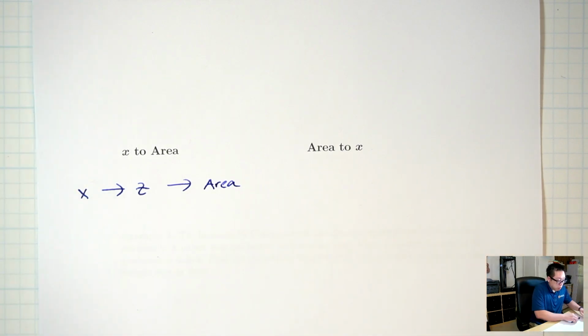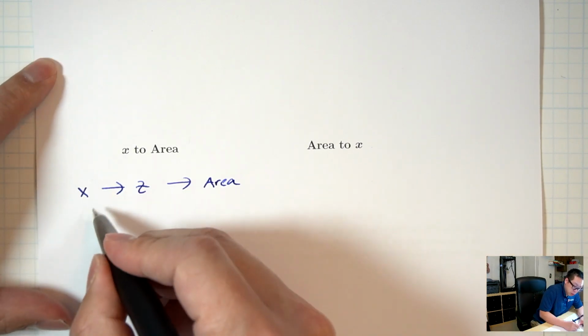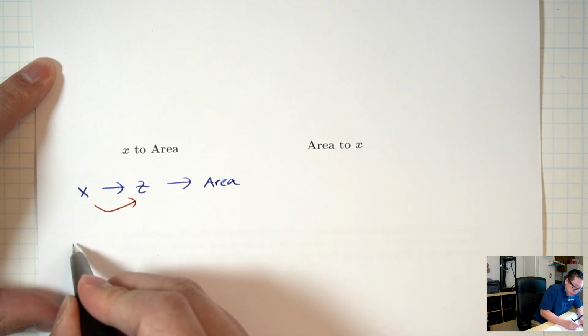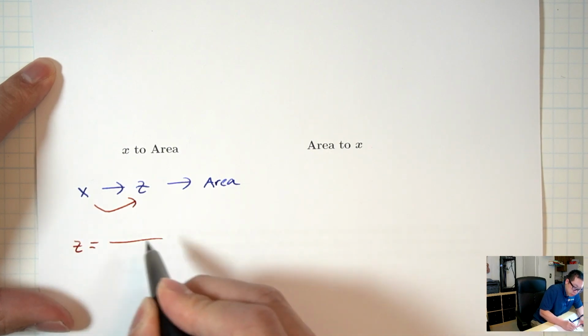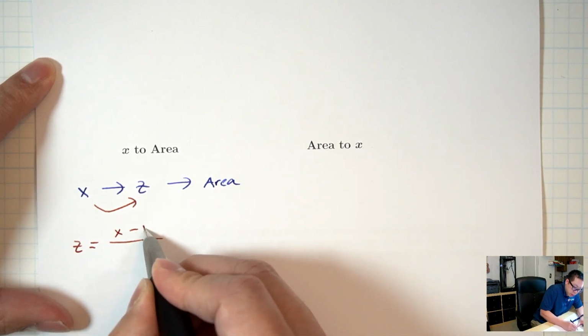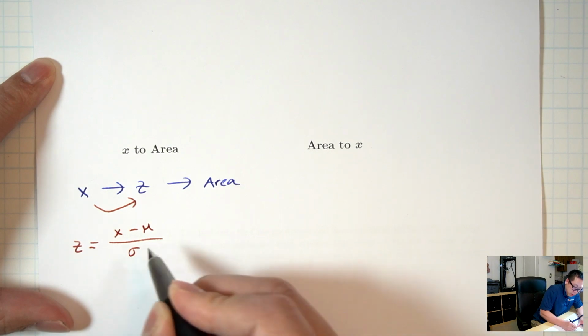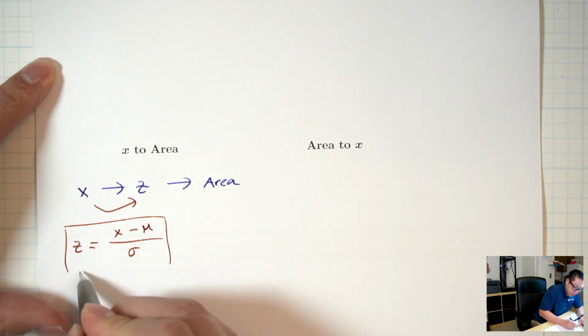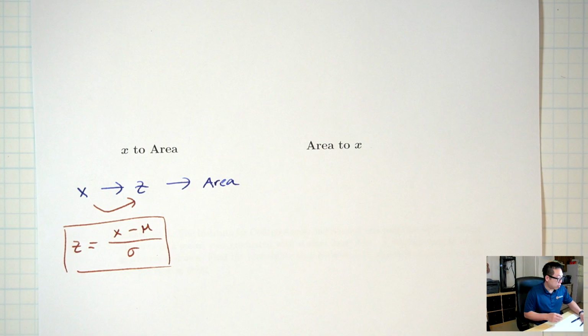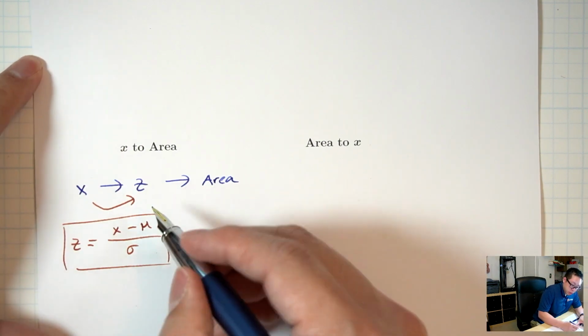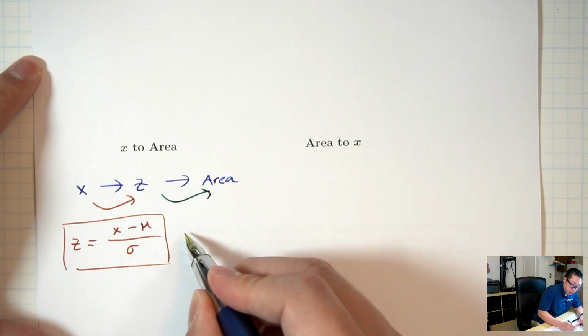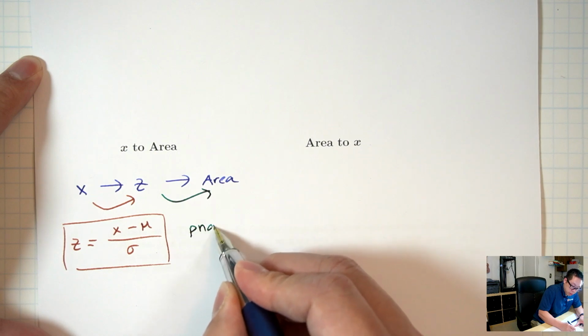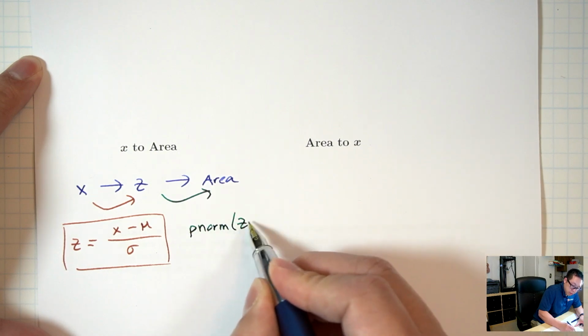For the x to z part, we do that using the z-score formula, which is z equals x minus the mean on top divided by the standard deviation. For the z to area part, we do this using R, and the command in R is pnorm, and you feed it z.